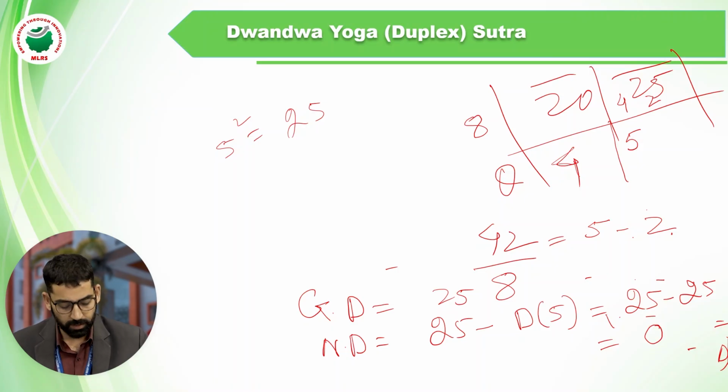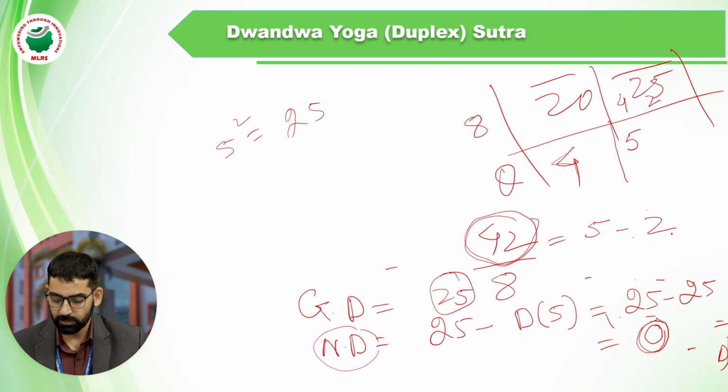So what is 0 here? 0 is the net dividend. What is the next step? In the first step, the gross dividend as well as net dividend were 42, the value was equal. In the second case, the gross dividend is 25, but the value of net dividend equals 0.